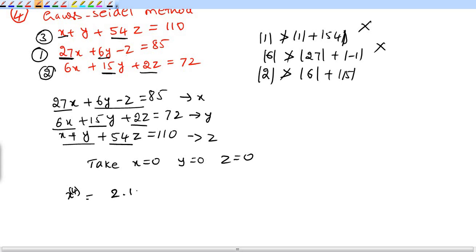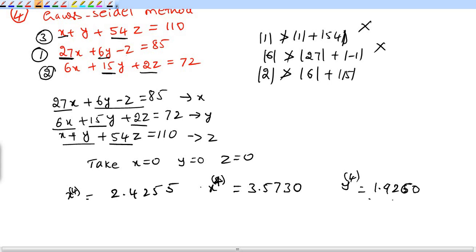This will be x4 equal to 2.4255. Taking approximation up to 4 decimal points, you will get 3.5730, and y4 is 1.9260.